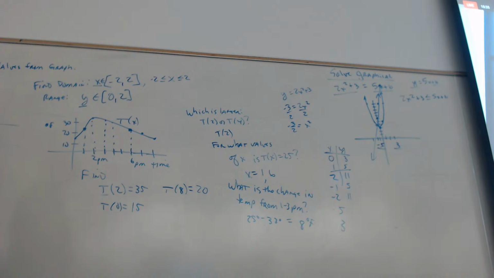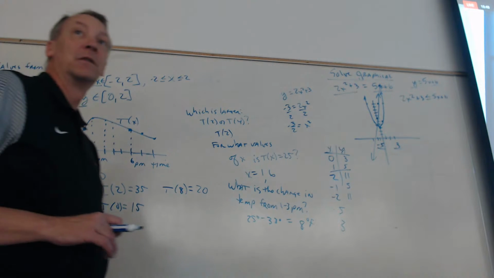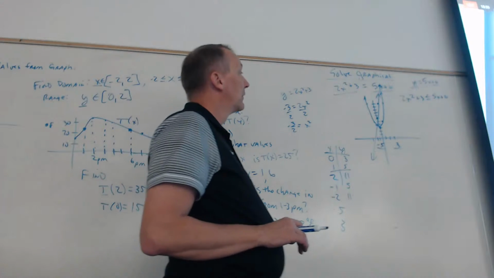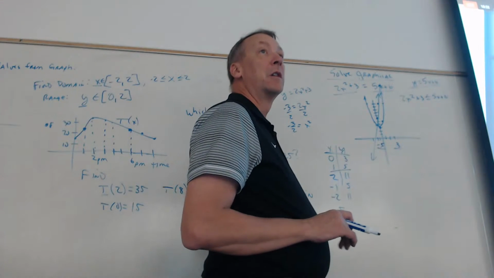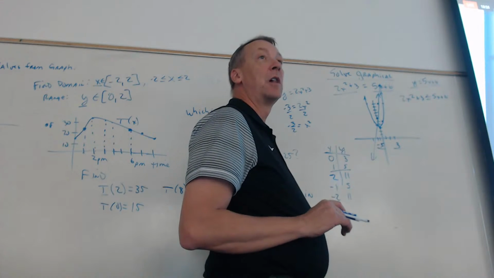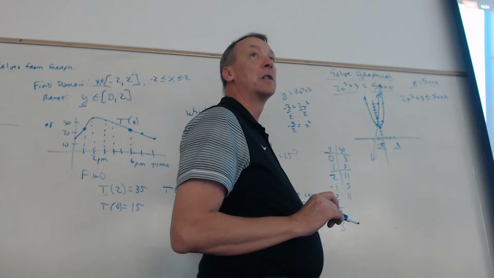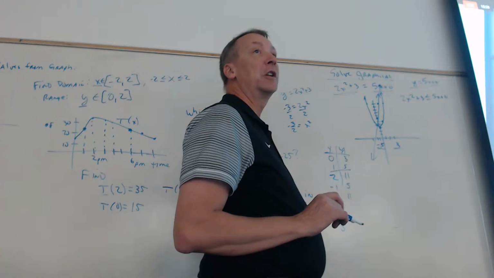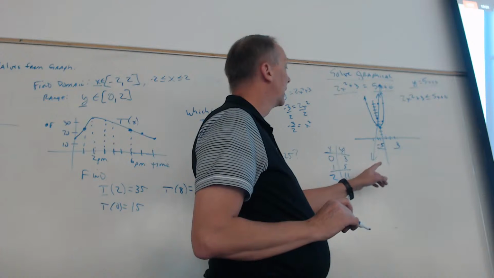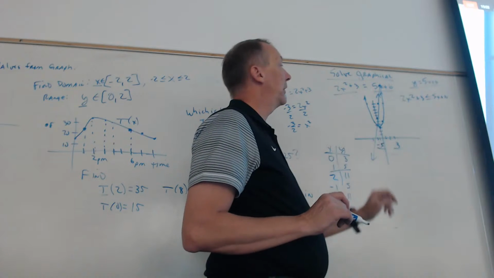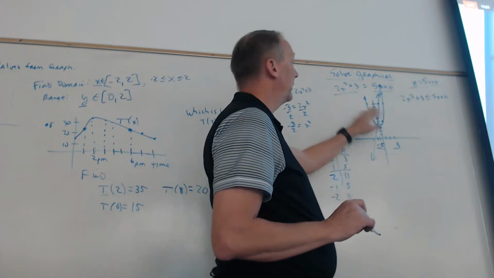Where is 2x squared plus 3 less than 5x plus 6? That'd just be, you're going to have to either shade the line or the parabola, and it's either above or below the line.